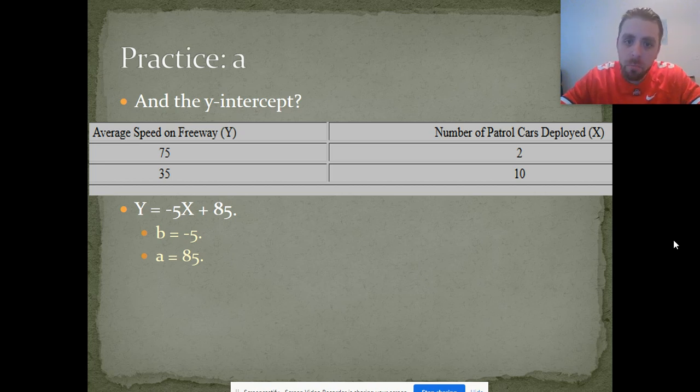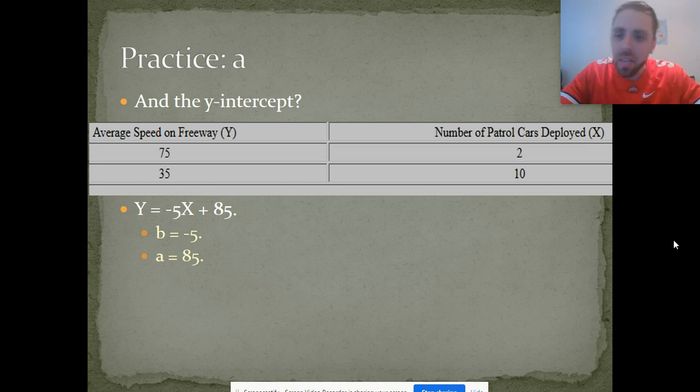Well, for each car I remove, the average speed will increase by 5 miles per hour. So if when x equals 2, y equals 75, it makes a lot of intuitive sense that when x equals 0, I'm just using that same average change in y given movement in the independent variable.